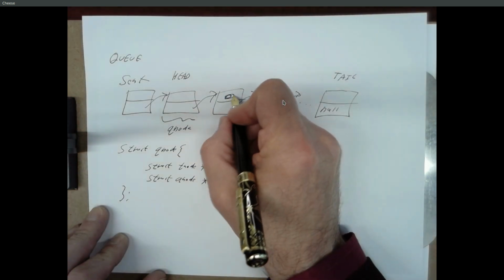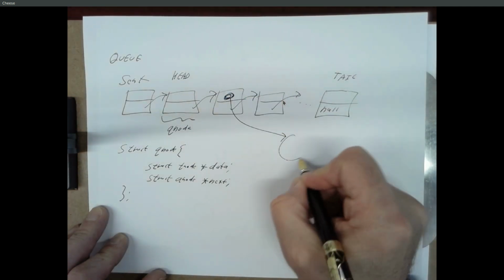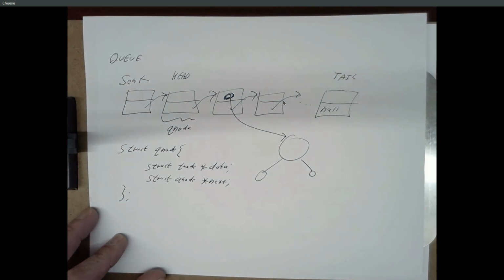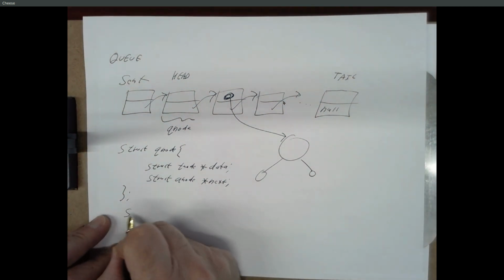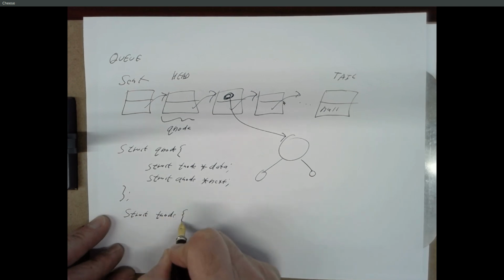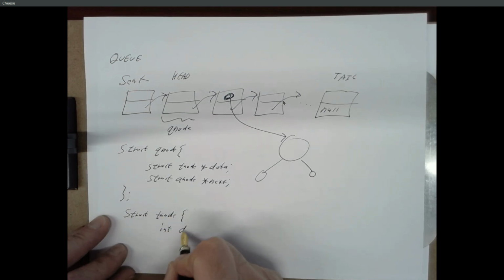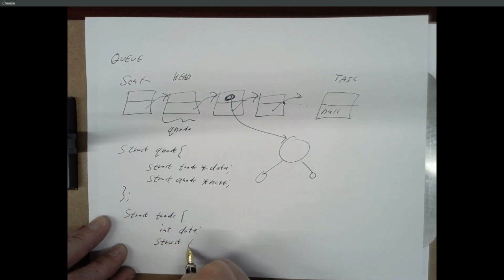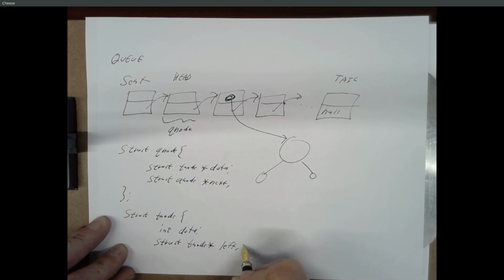So each of these things basically points to a tree node. And so our struct tree node, in this case our data is just an integer, and then we have struct tNode pointers left and right.